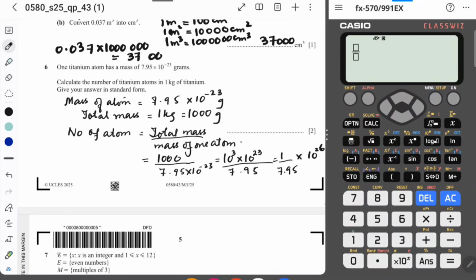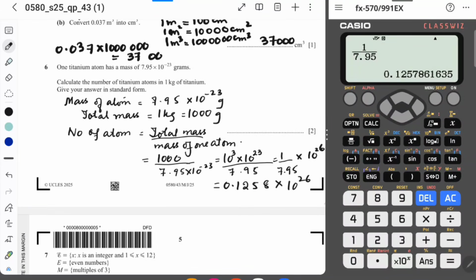So that is 1 upon 7.95 times 10 to the power of 23 plus 3, which gives 26. Now take your calculator and find 1 upon 7.95, which is 0.12578. It means 0.1258 times 10 to the power of 26.